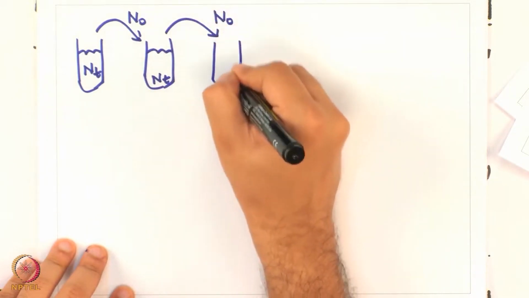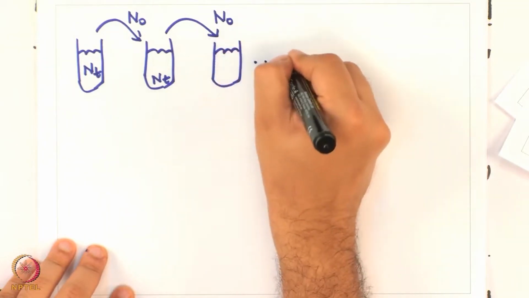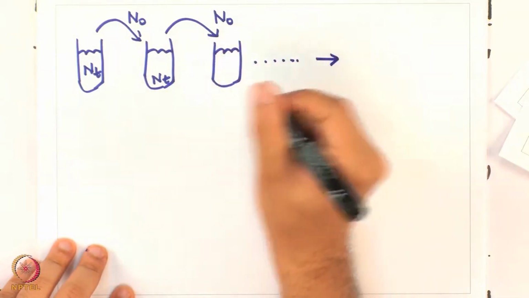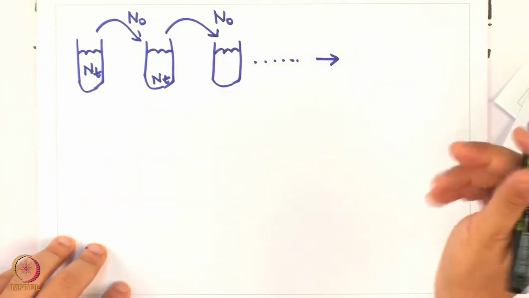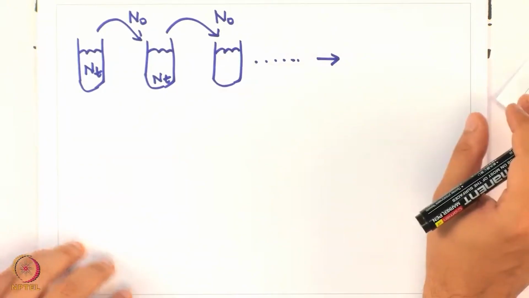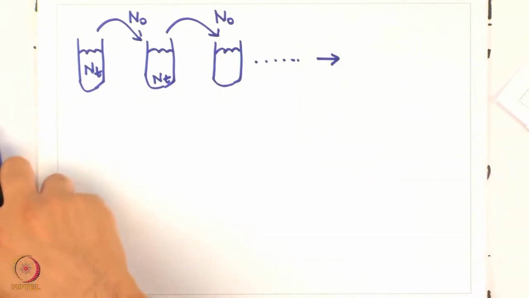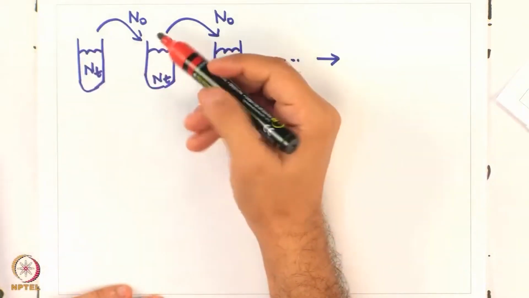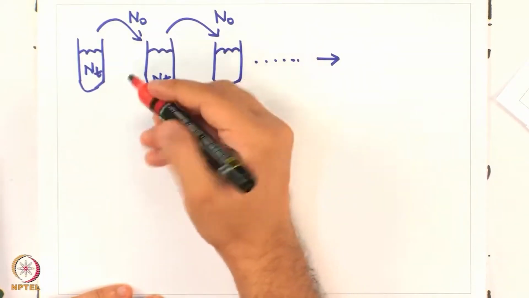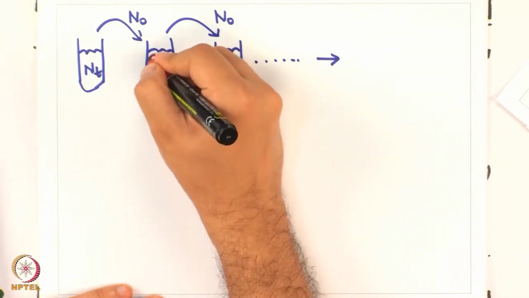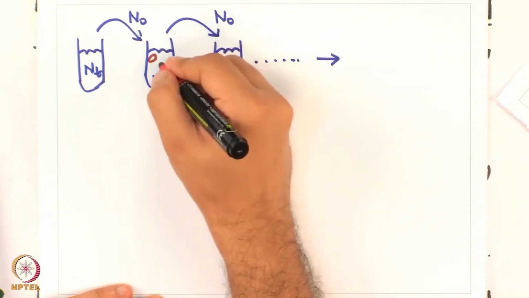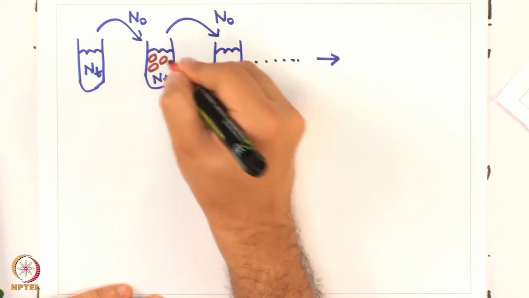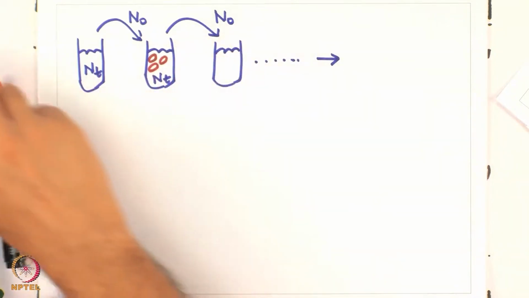This can go for as long as you plan your evolutionary experiment to continue. Every single transfer is equivalent to k number of generations associated with the experiment. And the idea is that during one of the transfers, while these N0 are going up to Nt, you are going to have this one mutant that arises in the population, and while this growth is happening, this mutant increases in number.